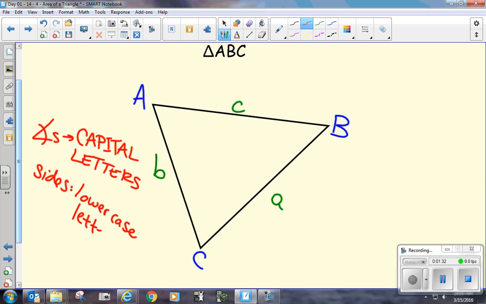So if we see word problems and they're uppercase and lowercase, you know which is which, and you know where they go. Little a, side A, goes across from angle A, which is capital A. You can also call side A side BC. It's the same thing. You can connect the two vertexes and put a line over it. That also means side BC or side little a. Nothing crazy.